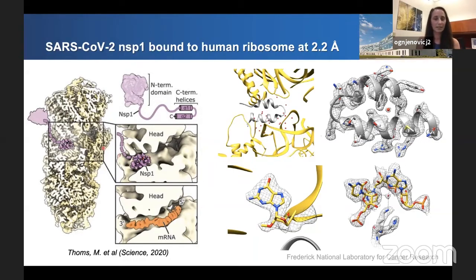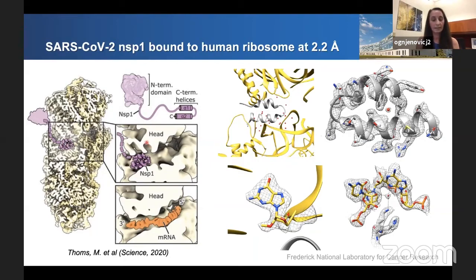One of the ways the virus hijacks the host cell is through one of the first proteins to be made from the viral genome, non-structural protein 1, NSP1. This protein is able to inhibit host gene expression by inserting its C-terminal domain, around 30 amino acids, into the mRNA channel of the ribosome, and basically prevents mRNA from accessing the ribosome, thereby reducing protein synthesis.